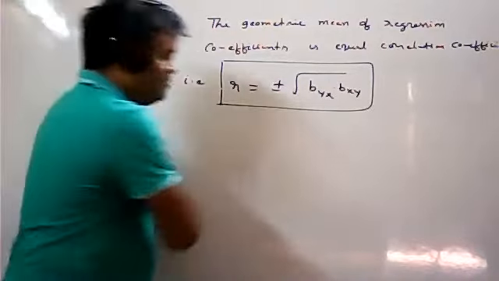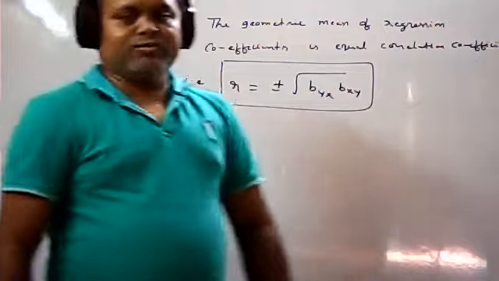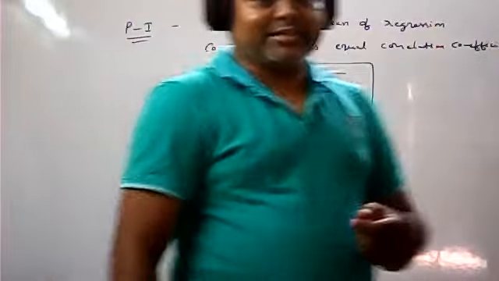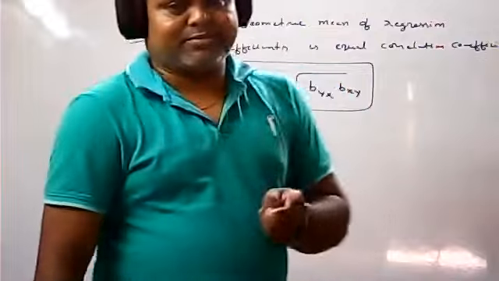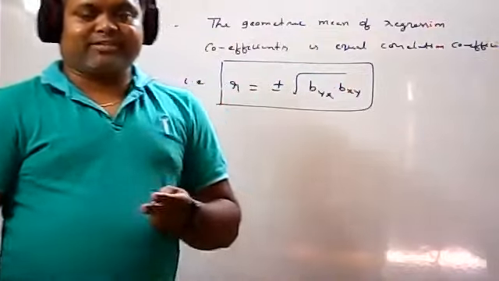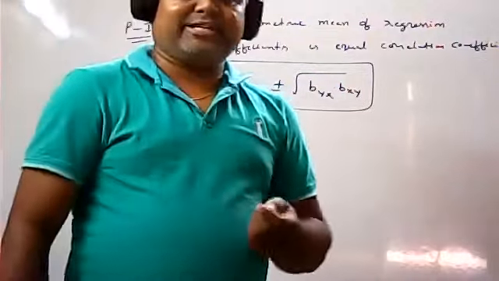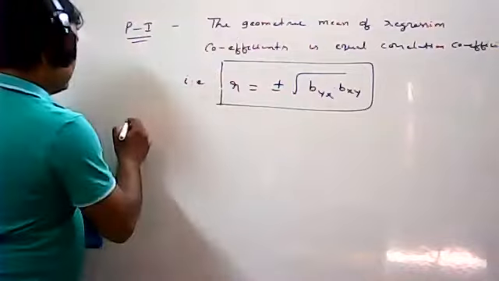If you want to prove this, I know only the regression coefficient definitions, which I have just discussed. There are two types of regression coefficients, Byx and Bxy. Okay, so write down the solution.